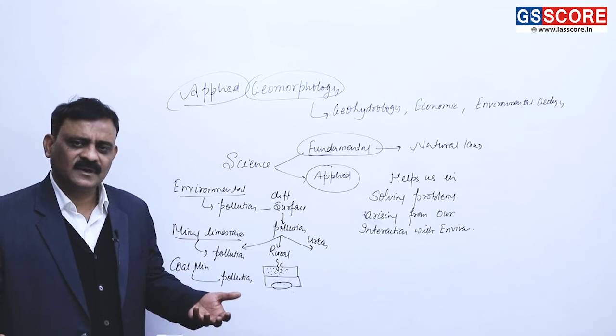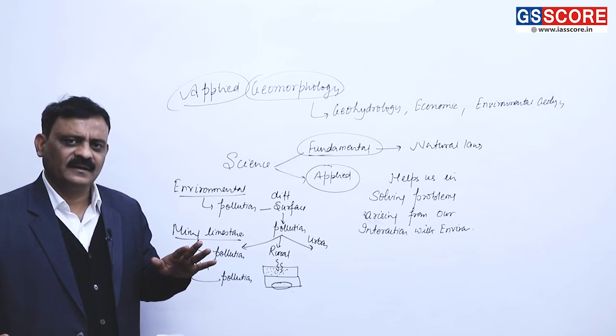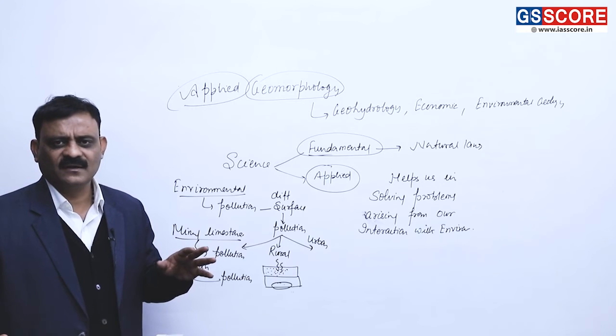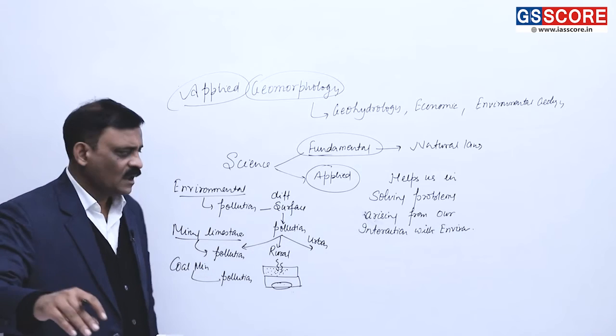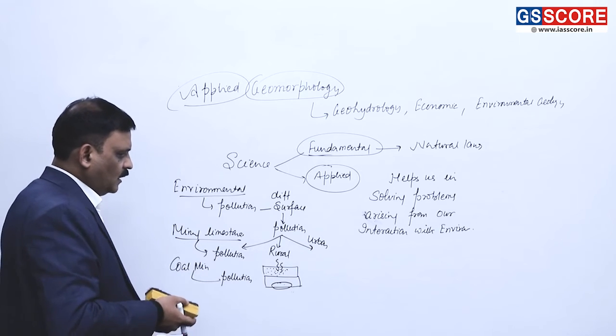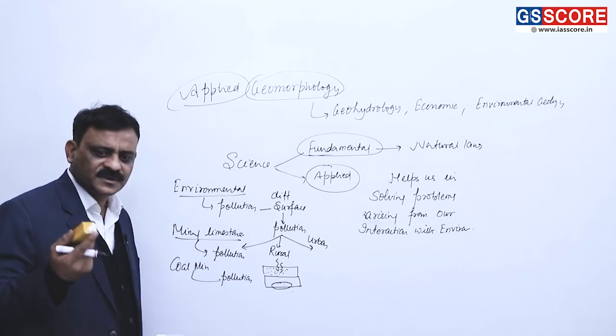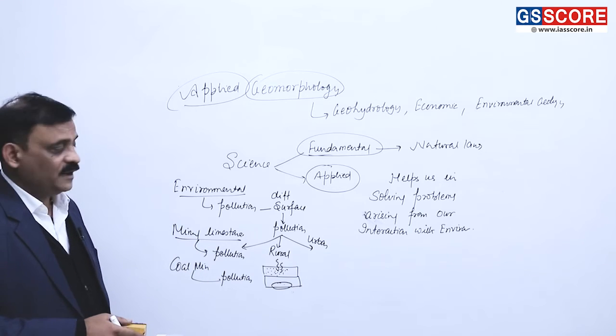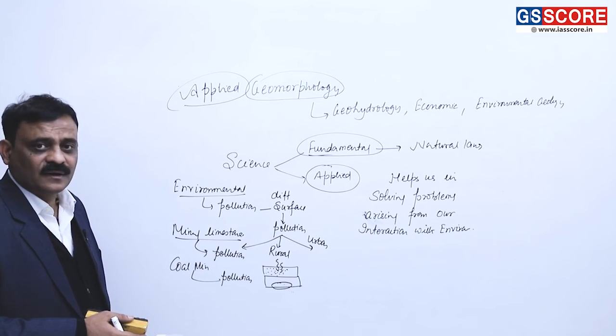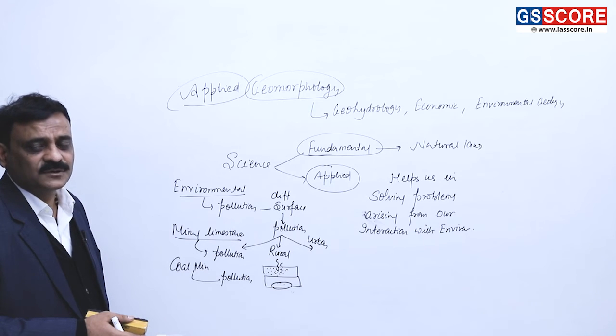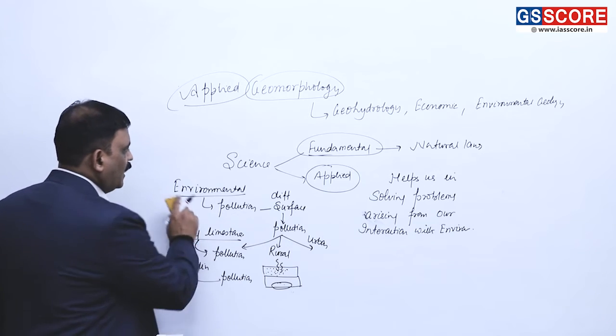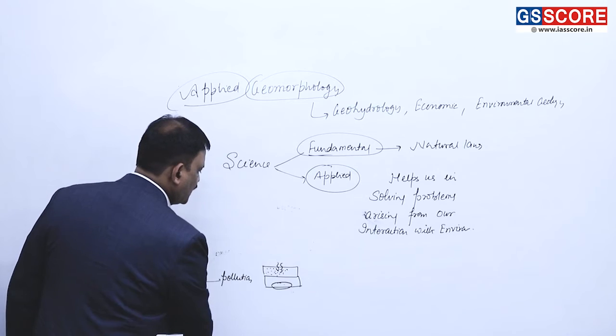There are so many areas where understanding of geomorphic knowledge can help you deal with such issues. So I'll give you a list where you can look for the applications of geomorphic knowledge.